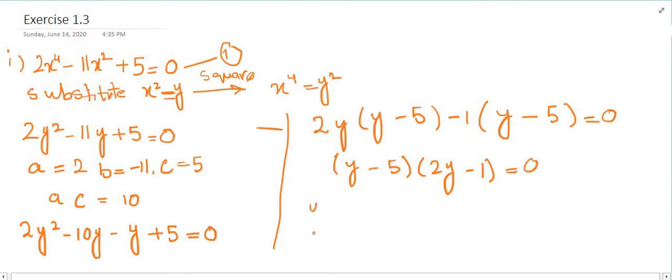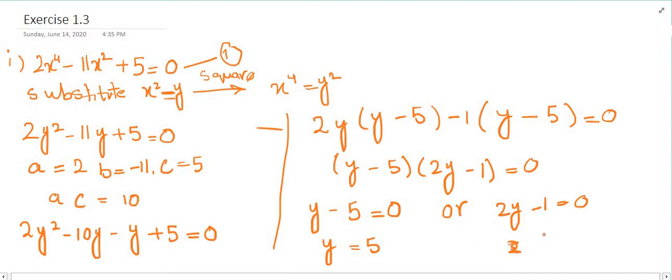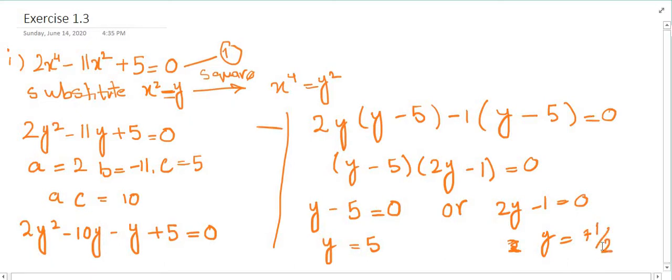It becomes either y minus 5 equals 0 or 2y minus 1 equals 0. This is y equals 5 and this is y equals plus 1 by 2.